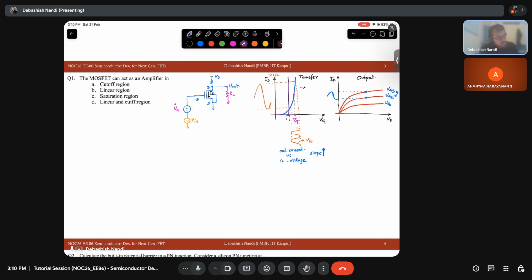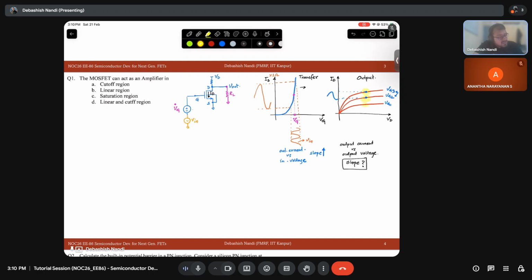Yes, sir. So, but what about the output? Output current versus output voltage. How should the slope be for amplification? For amplifiers, you generally bias at this region, right?